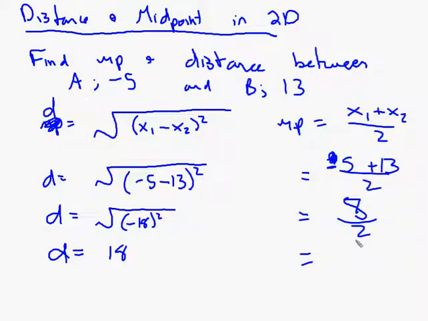Right? Is that 8? Yeah. Yes, and then 4. So that's the midpoint. That's the middle. Remember, midpoint, middle. It divides the segment into 2 pieces, and distance is the length. So distance, midpoint. Okay? So that's in 1 dimension. We've already talked about that. You've already been quizzed on that. So now let's get to 2 dimensions.